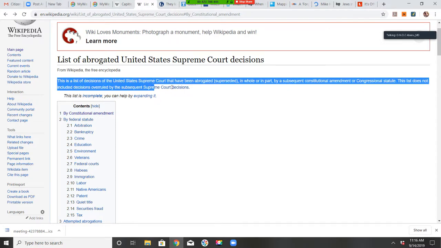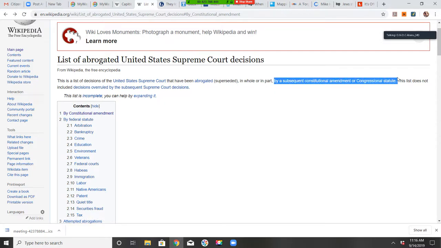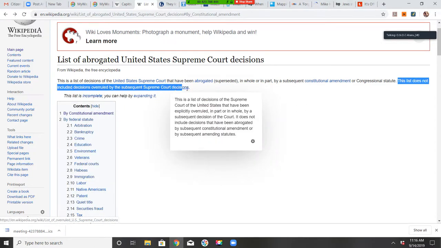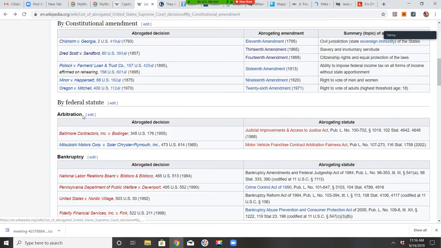Wikipedia: this is a list of decisions of the United States Supreme Court that have been abrogated or superseded, in whole or in part, by a subsequent constitutional amendment or congressional statute. This does not include decisions overruled by the Supreme Court. Constitutional amendment, Dred Scott.